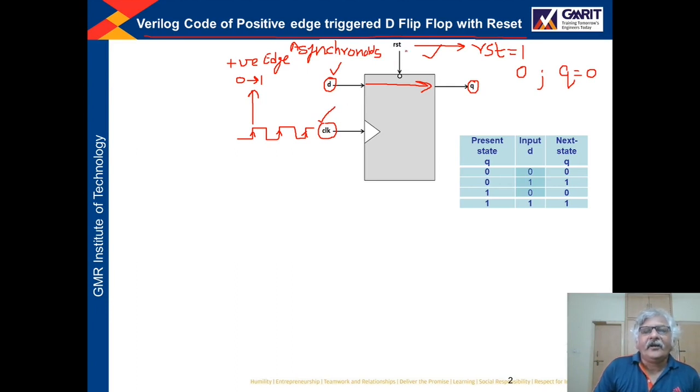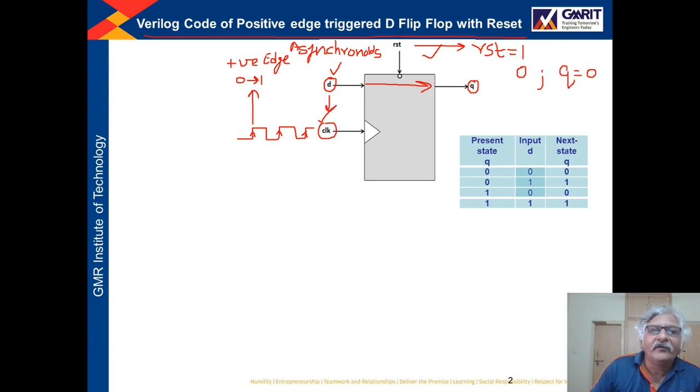At any point of time you can apply a low signal on the reset, then the output will reset, output will become 0. So this is an asynchronous input, whereas the D input is a synchronous input, right? Because it is synchronized with this clock.